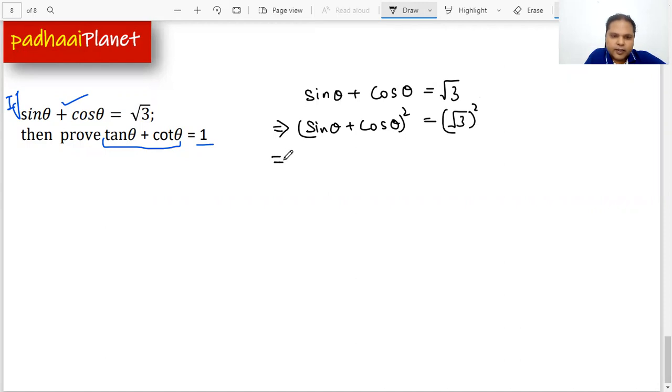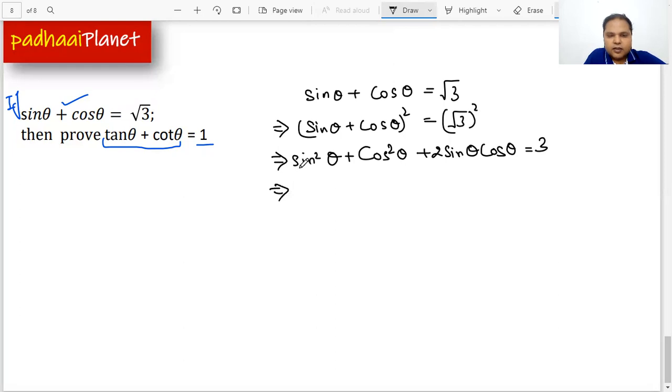And when we expand it, we get sine squared theta plus cos squared theta plus 2 sine theta cos theta is equal to, this becomes 3, very simple.